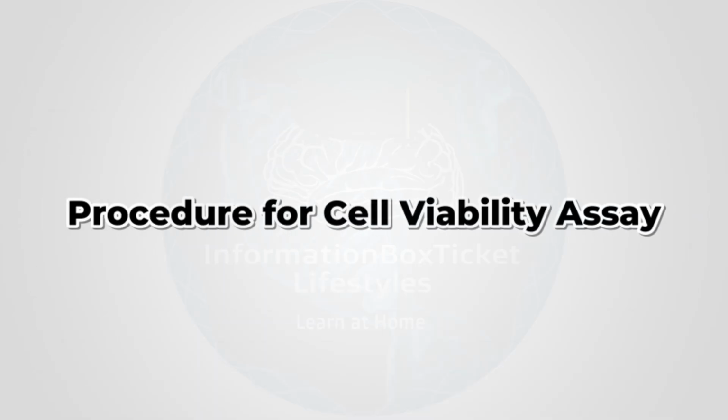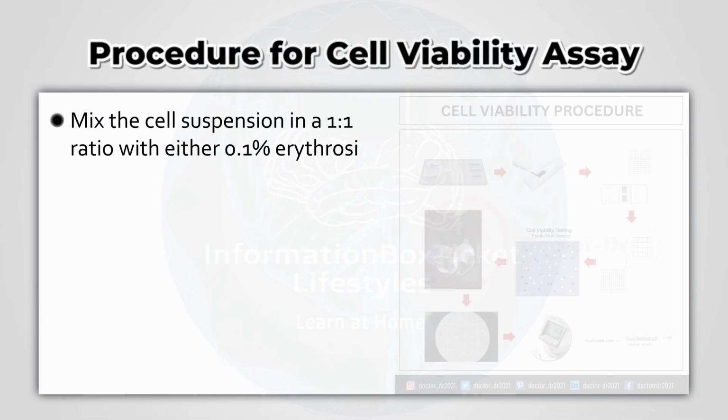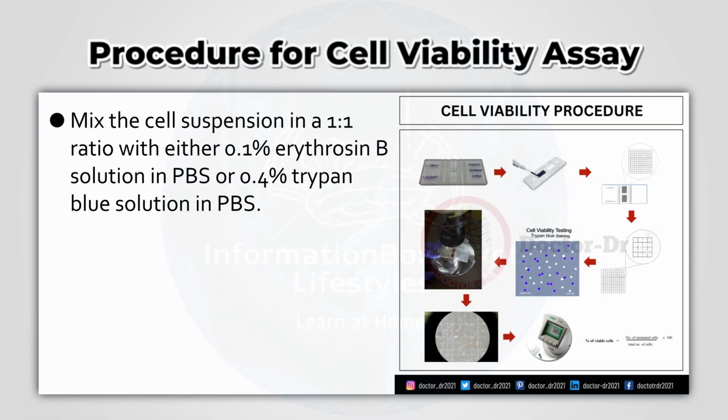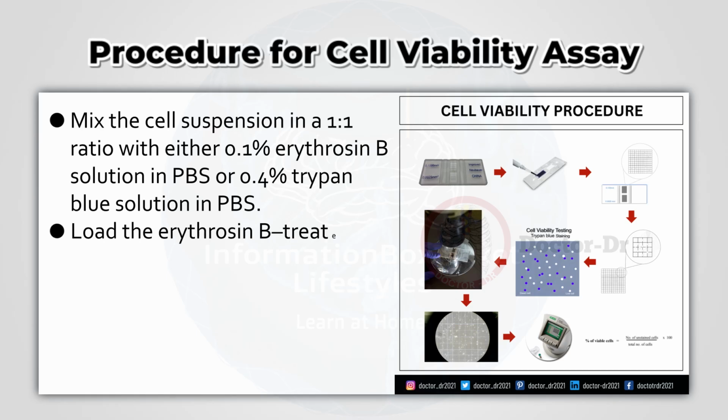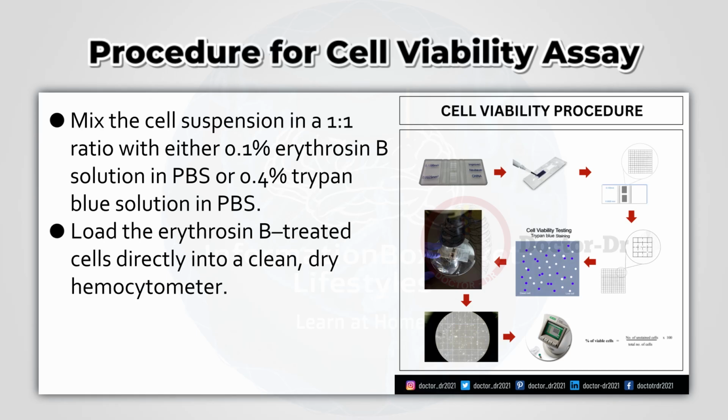Procedure for cell viability assay. Mix the cell suspension in a 1:1 ratio with either 0.1% erythrosin B solution in PBS or 0.4% trypan blue solution in PBS. Load the erythrosin B treated cells directly into a clean, dry hemocytometer.